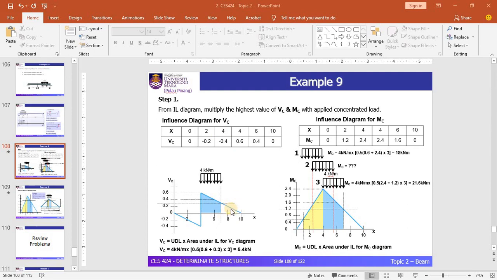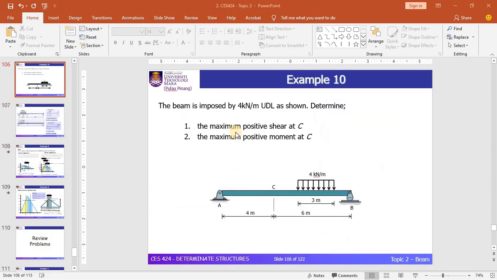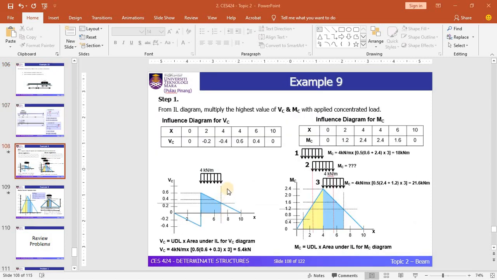in order to calculate the value of maximum shear force and the maximum bending moment in the problem. Okay, so let's look at the shear force. We know that the actual load imposed on the beam is a UDL load, which is equal to 4 kN per meter. Since the question is asking about the maximum positive shear at C, you need to position this particular UDL so that you can get the maximum value of shear force.